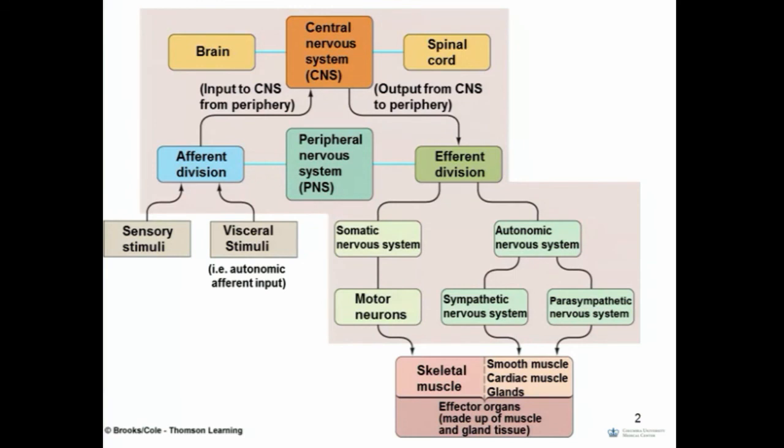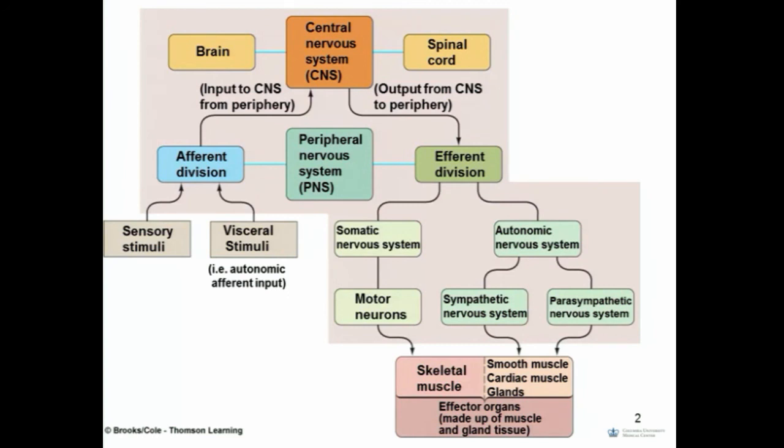Okay, so talking about the nervous system, let's talk about the general organization of the nervous system. 2 major divisions of the nervous system, central versus peripheral. Central nervous system is comprised of the brain and the spinal cord.